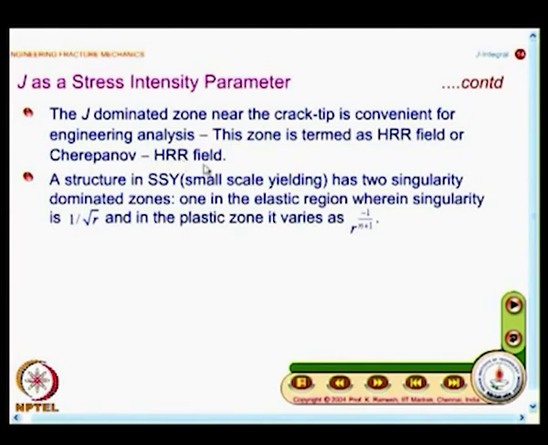There we would be able to see a K dominated zone and a J dominated zone. In the elastic region the singularity is 1 by root r, and in the plastic zone it varies as r power minus 1 by n plus 1. So, this is the first learning.